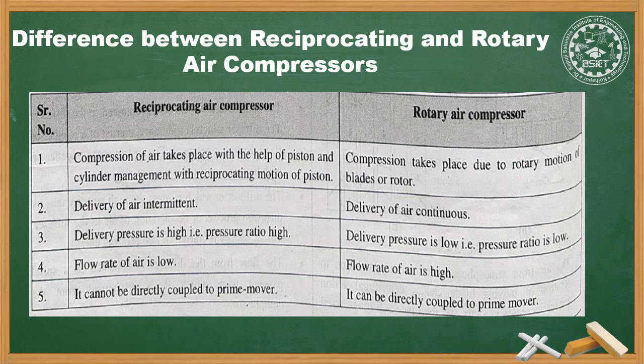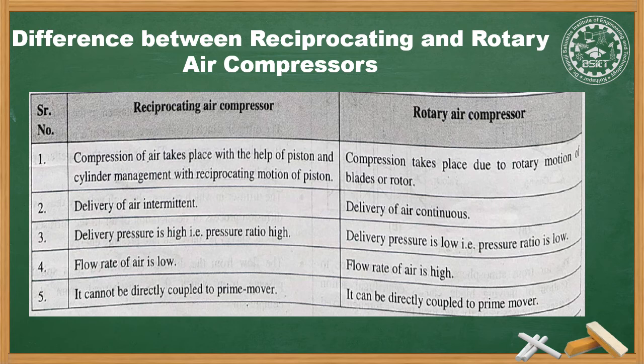In reciprocating air compressor, delivery of air is intermittent, whereas in rotary air compressor, delivery of air is continuous. Delivery pressure is high in reciprocating air compressor and low for rotary air compressor. Flow rate of air is low, and flow rate of air is high for rotary air compressor.